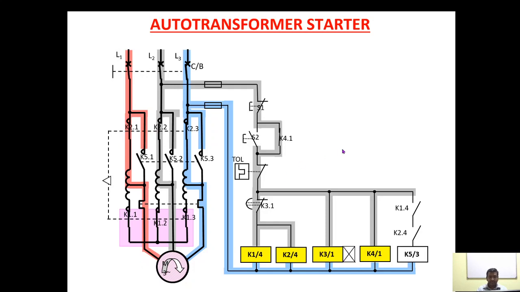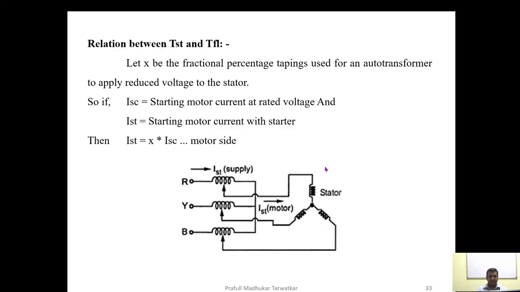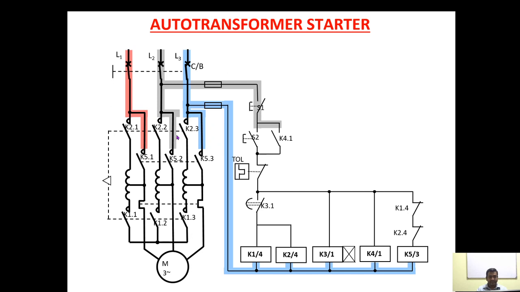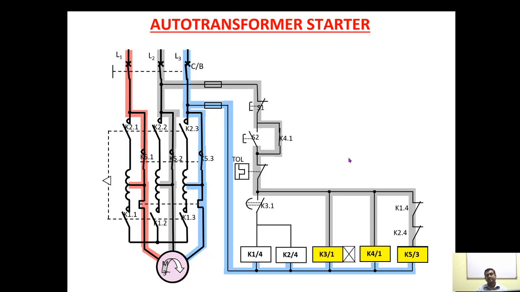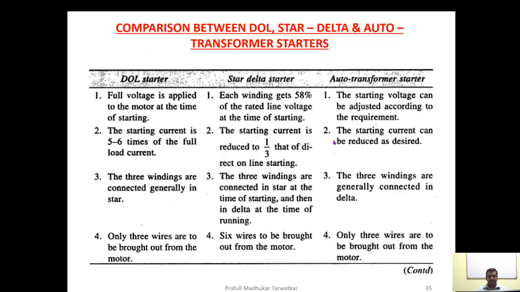Then after some time, when it reaches about 80% of its rated speed, the contactor gets disconnected and the main contactor closes, thus receiving the supply from the full winding. Now the motor is receiving full supply voltage, running at full rated capacity. The same is explained here.